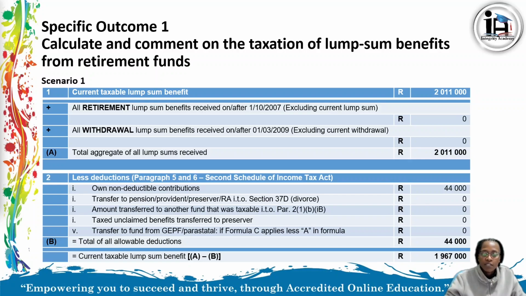Tax unclaimed benefits transferred to preservers, also zero. Transfer to funds from GEPF parastatal, if formula C applies, less A in formula, it's also zero, bringing our total B of all allowable deductions to 44,000. Therefore, our current taxable lump sum benefits would be A minus B, which is 2,011,000 minus 44,000, which brings it to a total of 1,967,000.